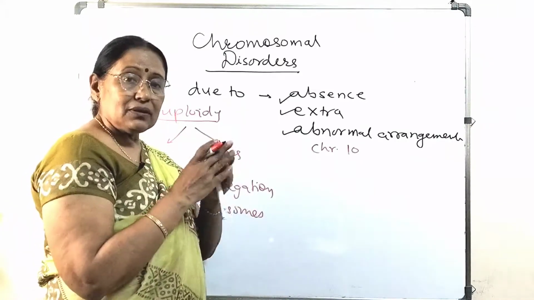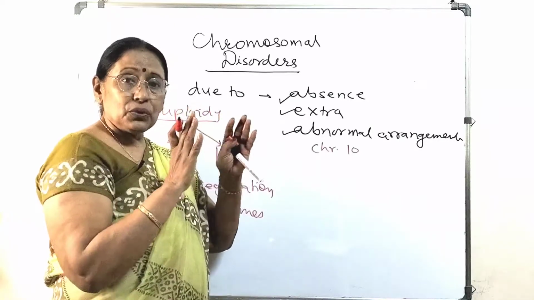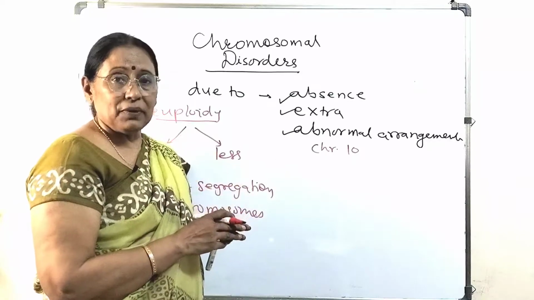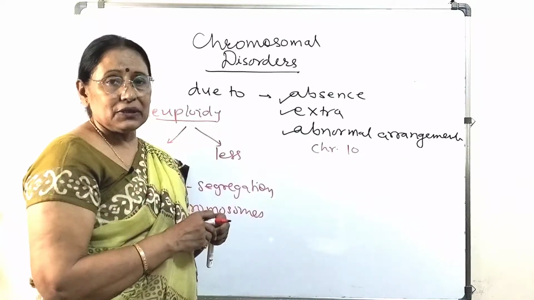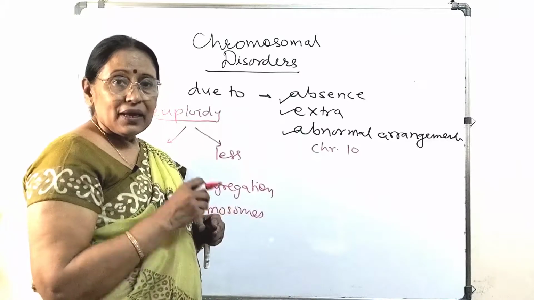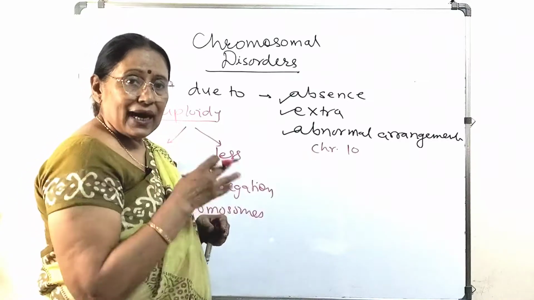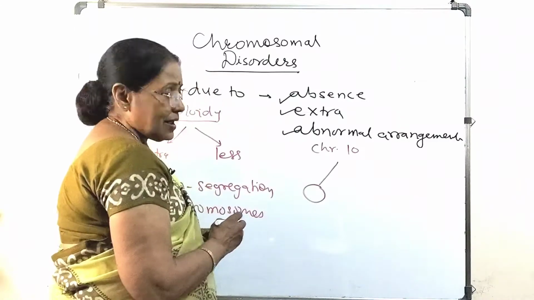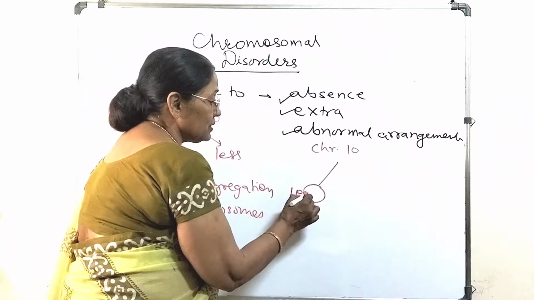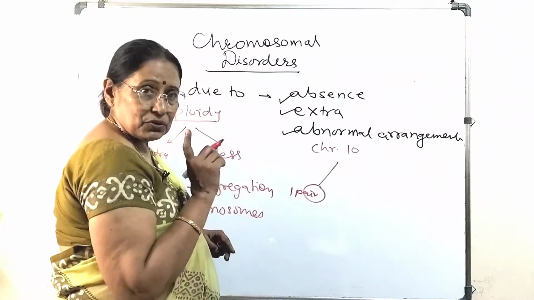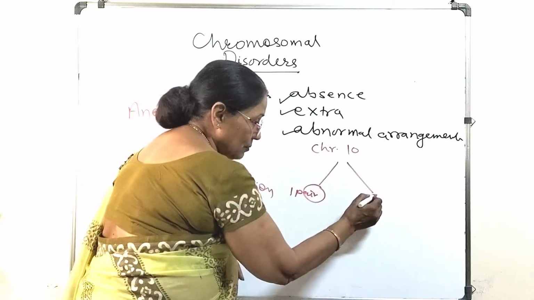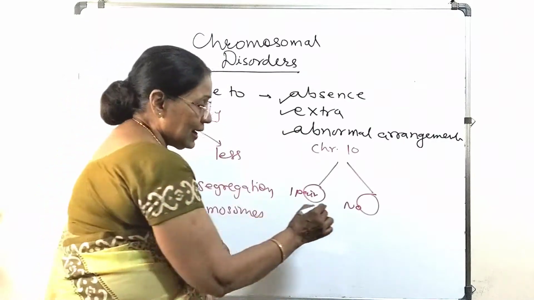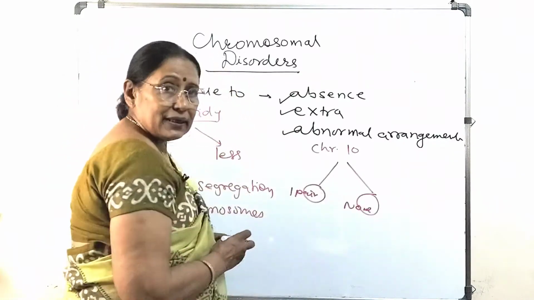During cell division, these move to two different cells, so that every cell has a proper set of chromosomes. During gamete formation, if both the alleles move to the same gamete, then one gamete will have one pair of chromosome number 10, and the other gamete will have none of chromosome number 10.